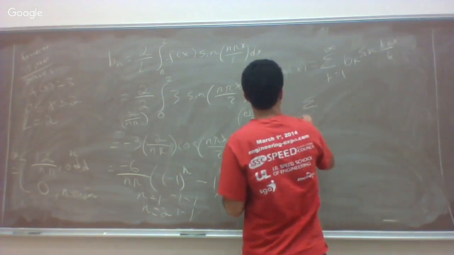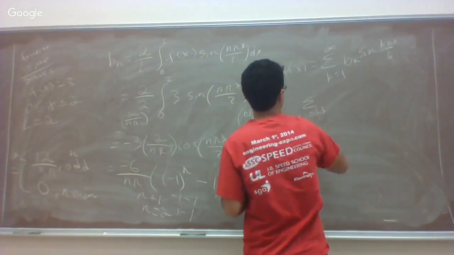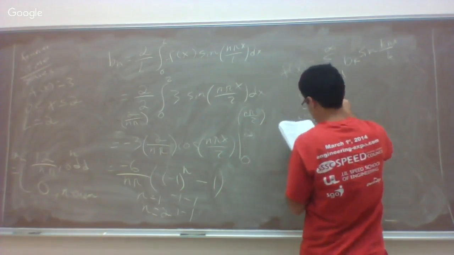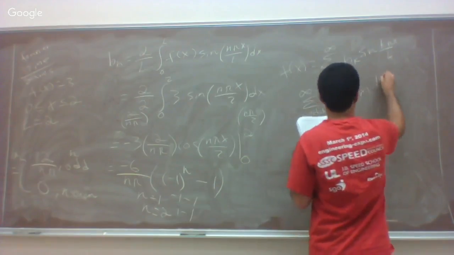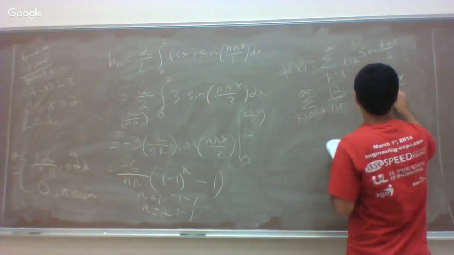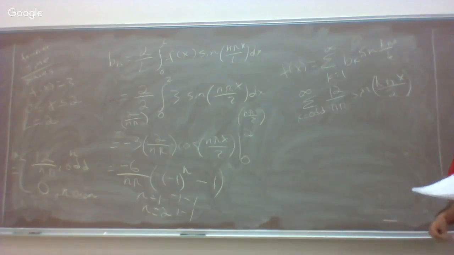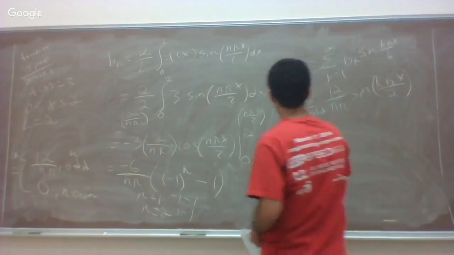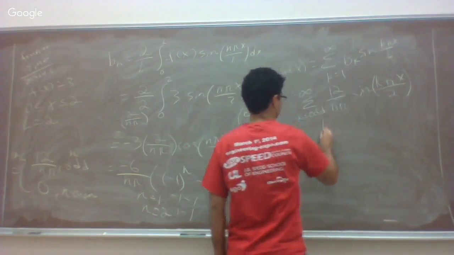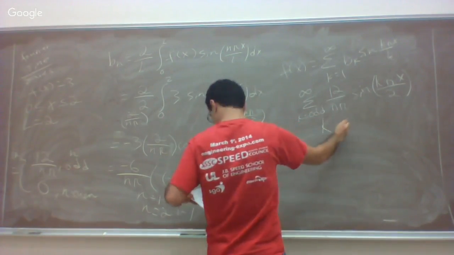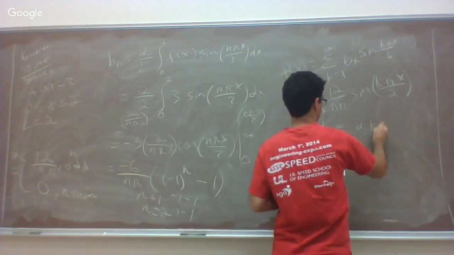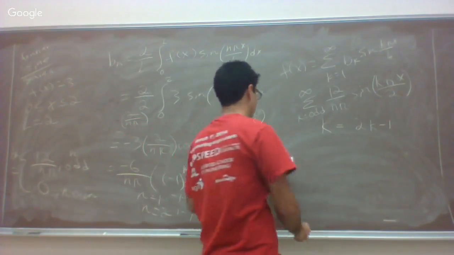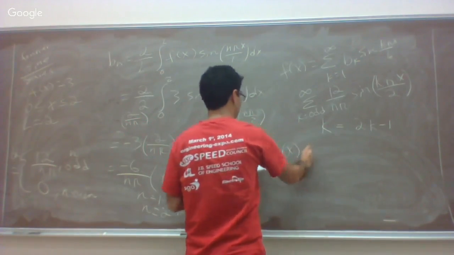So we found for when n is an odd number, going to infinity, b sub n is 12 over n pi sine of n pi x over 2. But we want all k values, so we let n equal 2k minus 1.